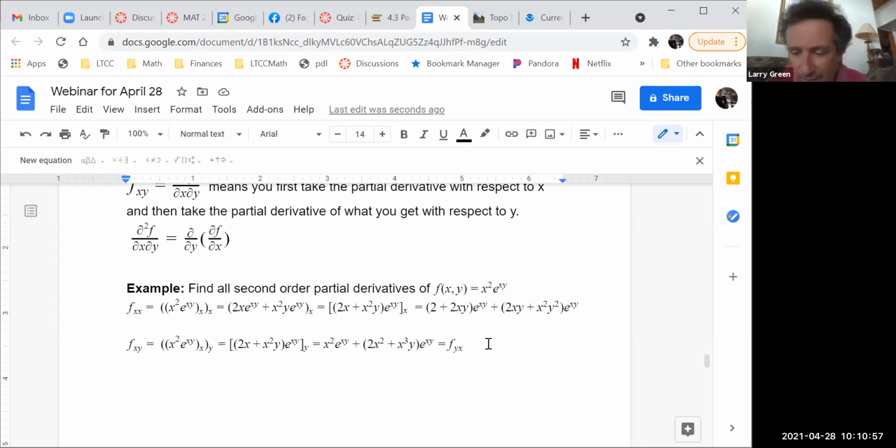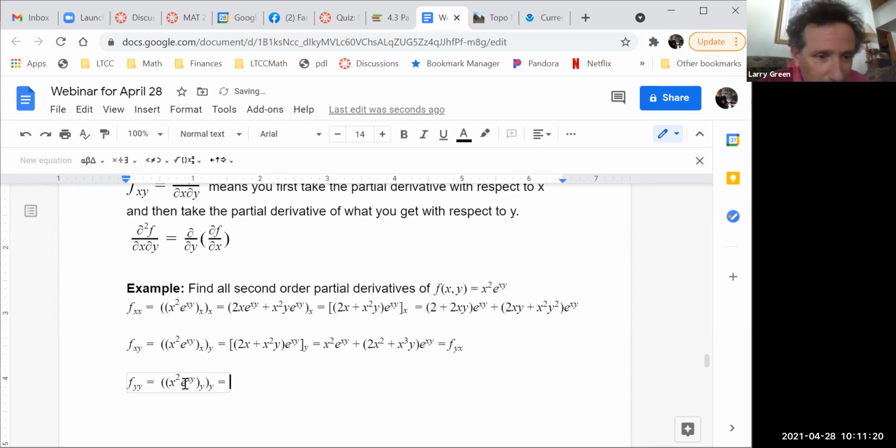On the other hand, we need to do fyy. And that means take a partial with respect to y and then do it again. So the first one, I don't need a product rule. I'm just going to have x cubed times e to the xy.